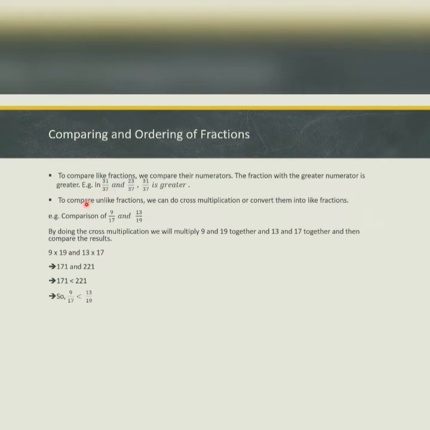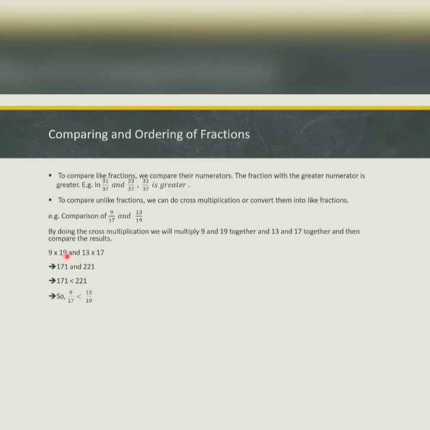To compare unlike fractions, we can do cross multiplication or convert them into like fractions. For example, comparison of 9 upon 17 and 13 upon 19. By using cross multiplication, we will multiply the numerator of the first fraction with the denominator of the second, that is 9 and 19 together, and 13 and 17 together, and then we will compare the results.